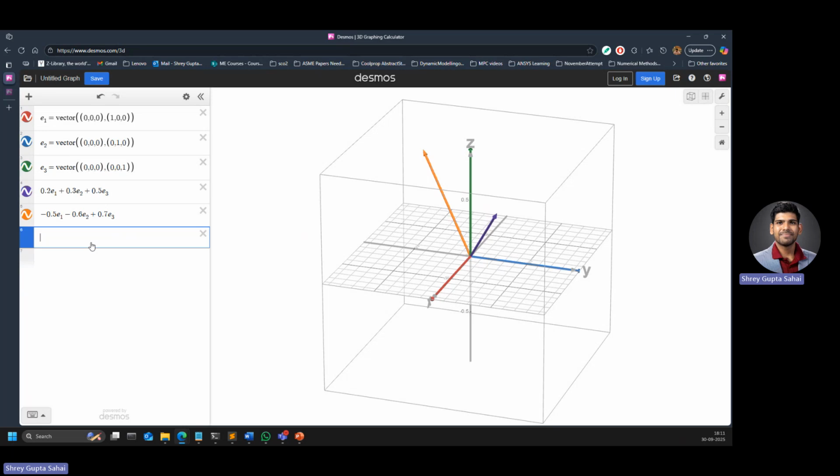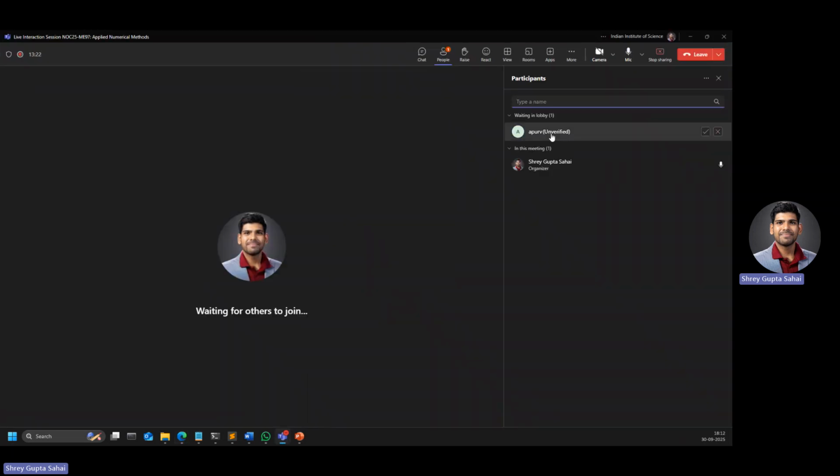Because a matrix is a linear operator, just like how you don't have a geometrical picture for addition or subtraction or multiplication, similarly tensors will not have a geometrical picture.